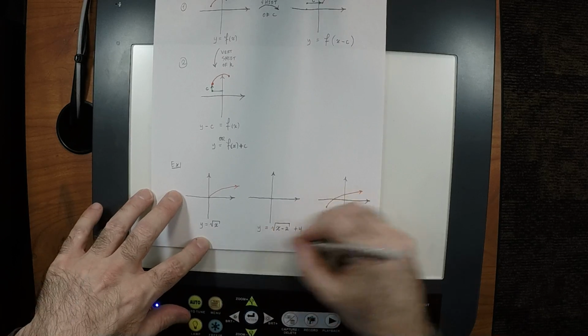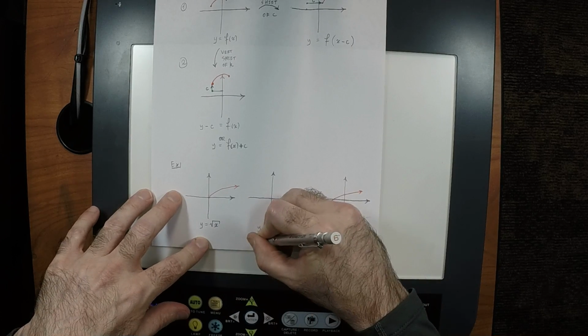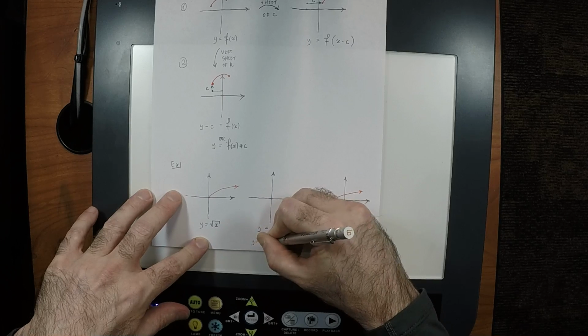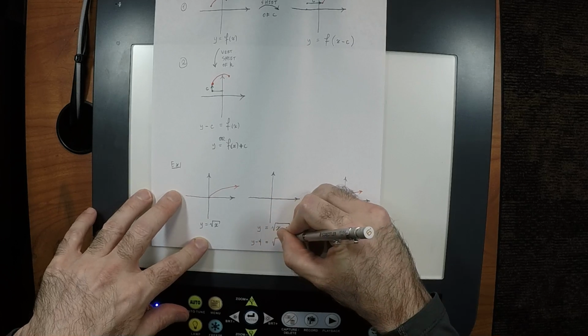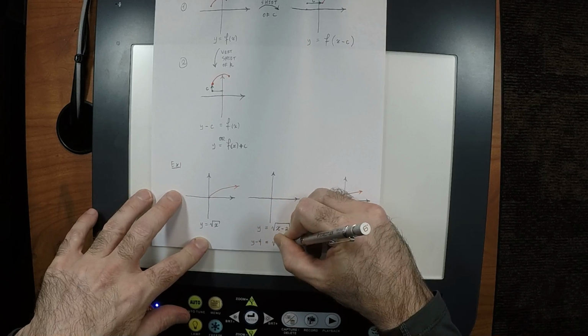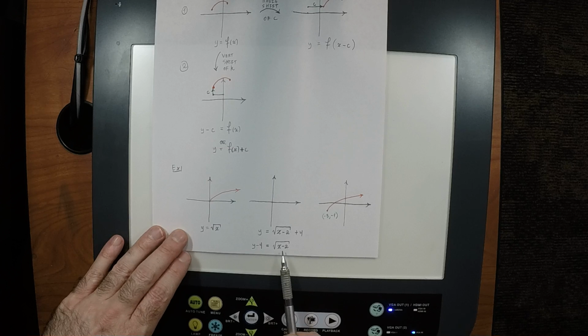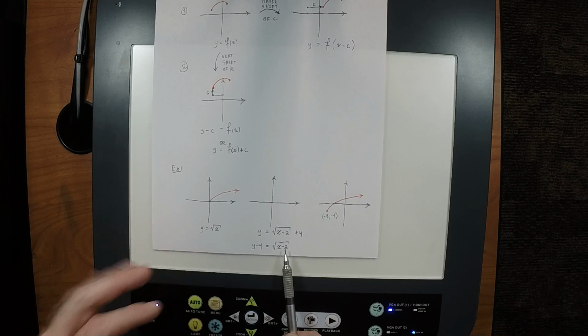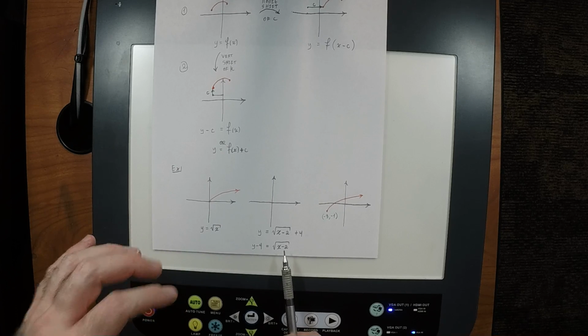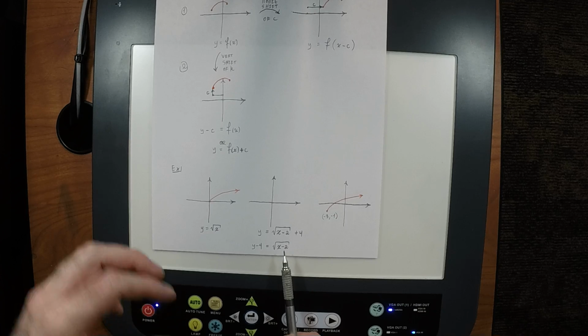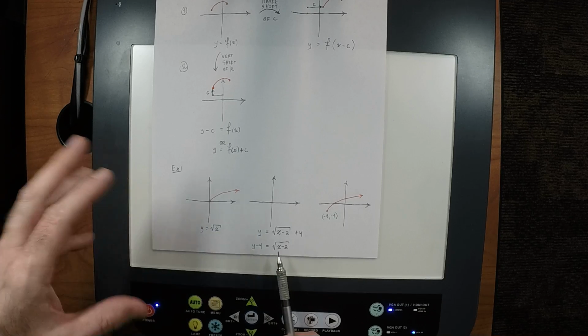So what do I need to do to make that clear to myself? Right. If I move the 4 over, then it looks like this: y minus 4 is equal to square root of x minus 2. So doing that, to me it's more clear what's happening. It's saying that because we're doing subtract 2, that means that the axis is moving left 2. The background is moving left 2.